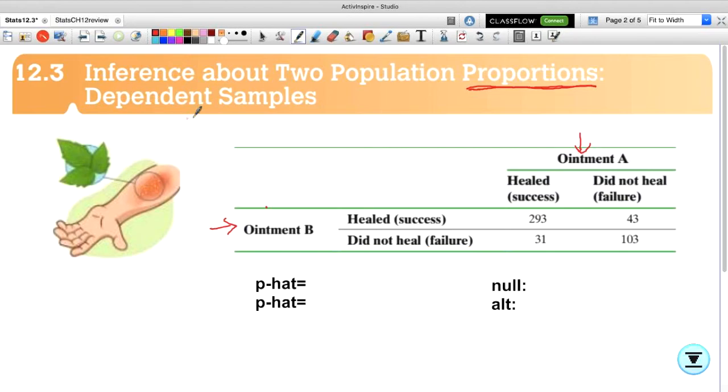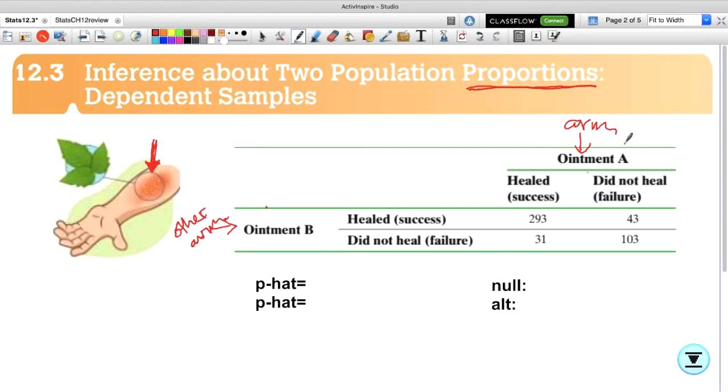So maybe what happens is you have a sample of people that have poison ivy on both arms. So they have it on their left, they have it on their right, and on one arm they put ointment A, and on the other arm they put ointment B. So if you think about this, right, the way that a person reacts, because it's on the same person here and here, they're both in the first sample and the second sample, right, that would take care of potentially a lurking variable.